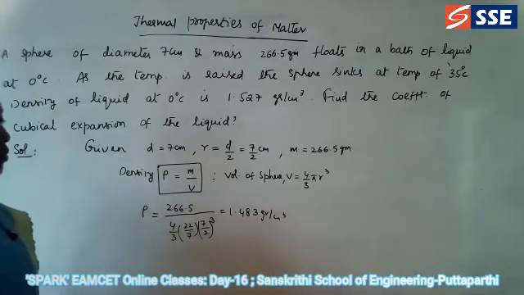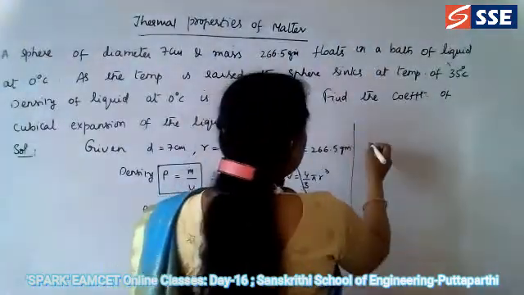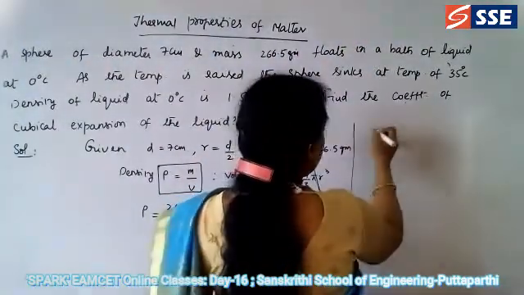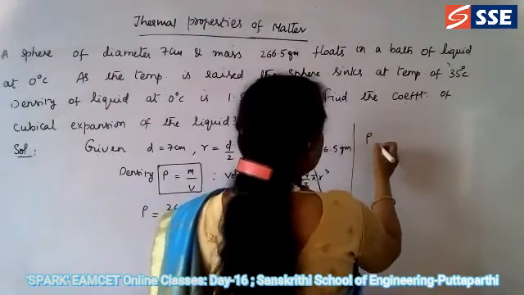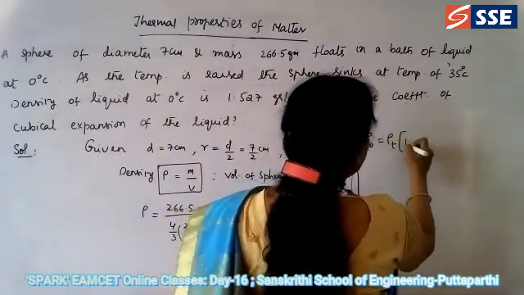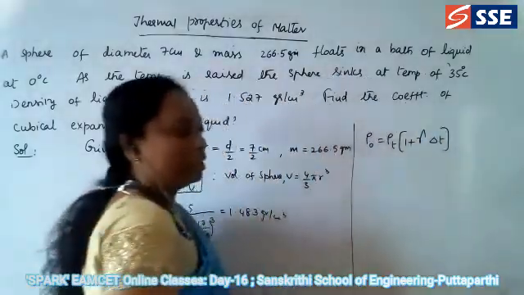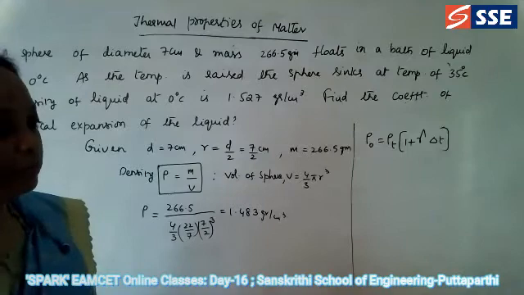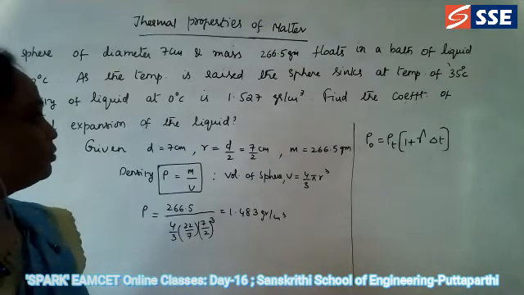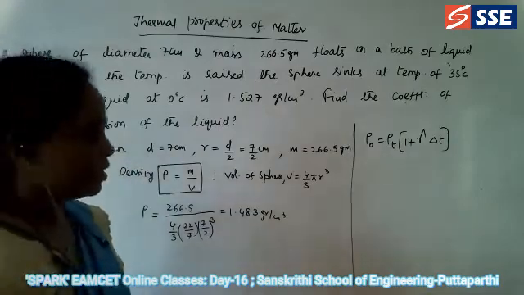So to calculate the coefficient of cubical expansion, what is the formula we are taking? rho naught is equal to rho t into 1 plus gamma into delta t. So this was the direct formula for the calculation of coefficient of cubical expansion.